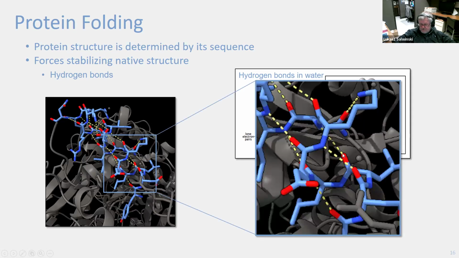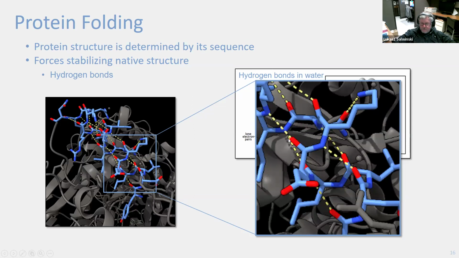But you can imagine that in the case of proteins, you have an oxygen atom in one place in a chain. Then you've got the hydrogen down here that belongs to the nitrogen hidden behind. So you've got three atoms here: nitrogen, hydrogen in between, and oxygen at the other end, and that's the hydrogen bond between the carbonyl group of the main chain and the amide nitrogen at some residue a few positions apart.